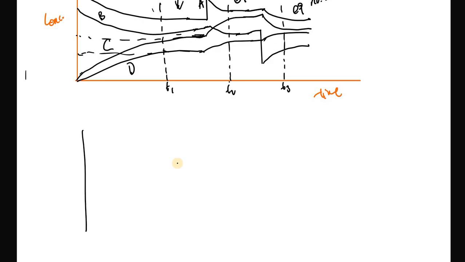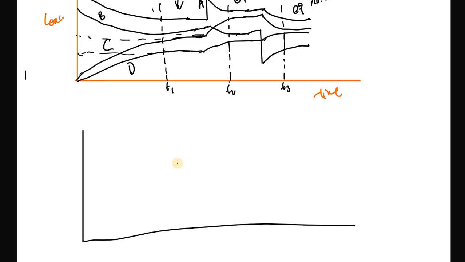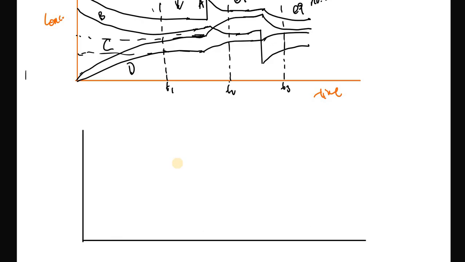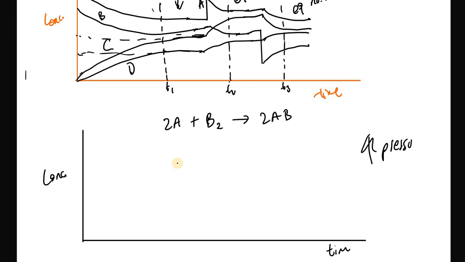If I have a concentration versus time graph, and maybe I had 2A plus B2 giving us 2AB. If you increase pressure, which reaction is going to be favored?